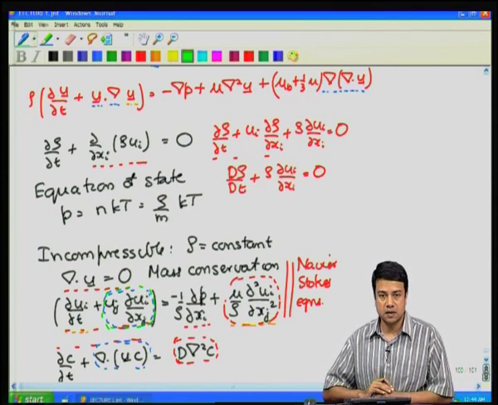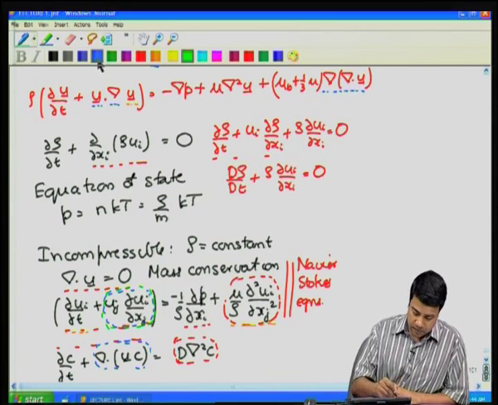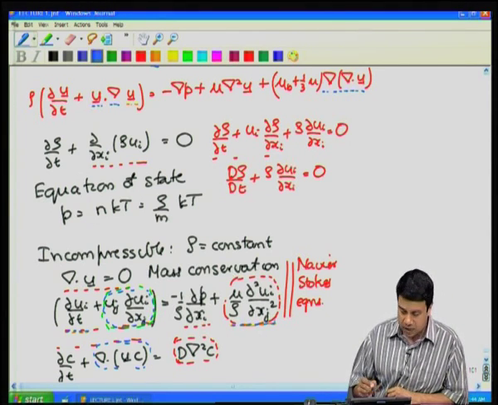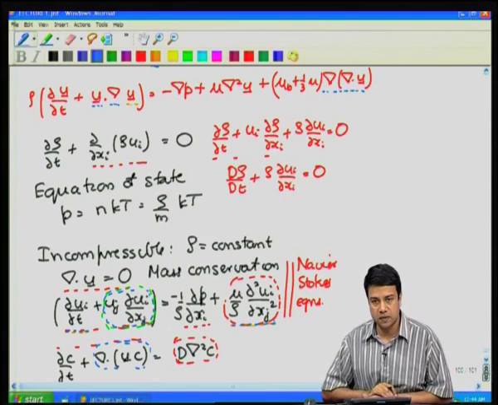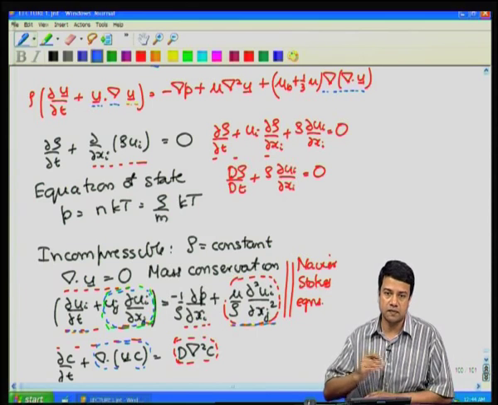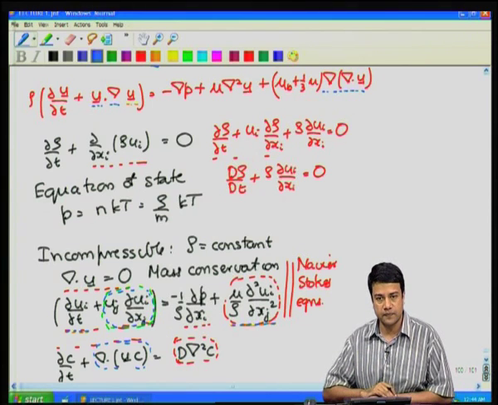These equations are second order in space and first order in time. I have one time derivative here, and a second order derivative in the spatial coordinates for the velocity. The diffusive term, as always, has the highest spatial derivative.